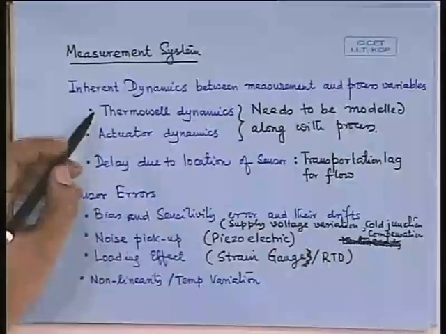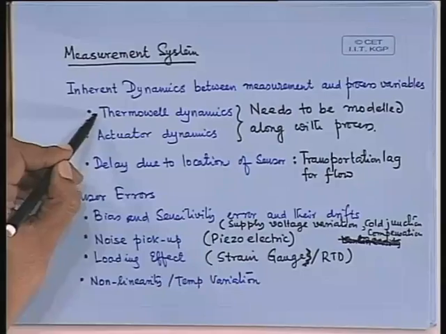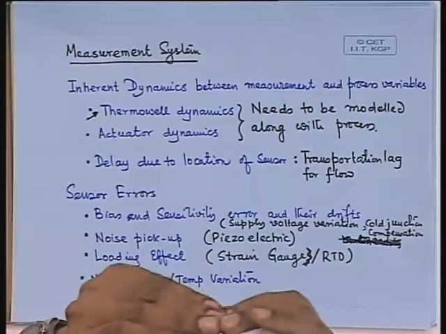For example, a common example is temperature measurement: thermocouples do not have much time constant, but thermowells could have. Have you seen thermocouples? They are just bare wires. You don't put bare wires into a furnace or into a chamber. You typically have a cover on it, a sheathed kind of a well on which you put the thermocouple.